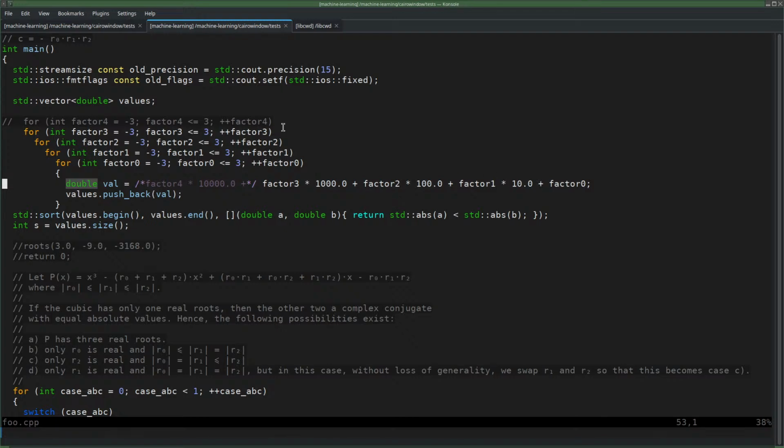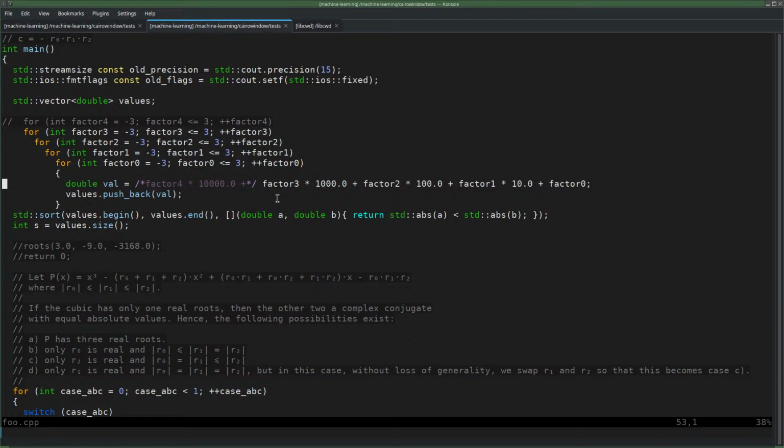So if one of the numbers is say 100 and another one is 1,000, then another one can be 1,000 plus 100 or 1,000 minus 100.